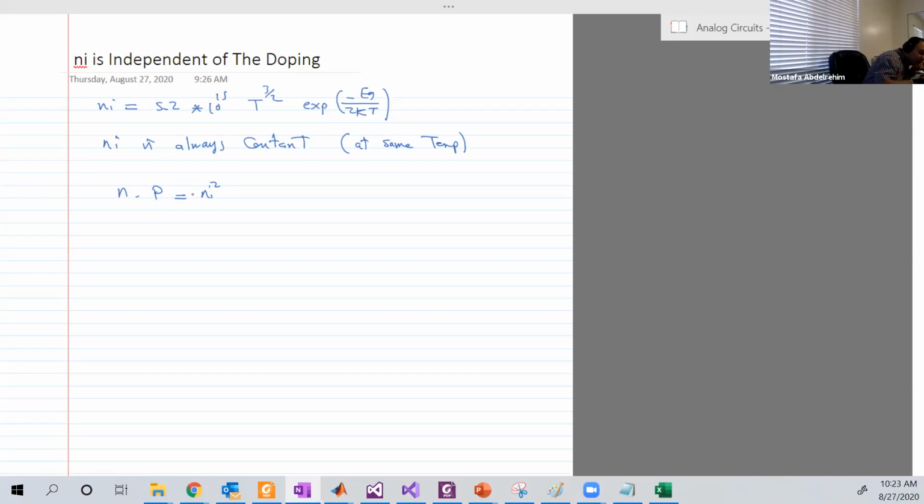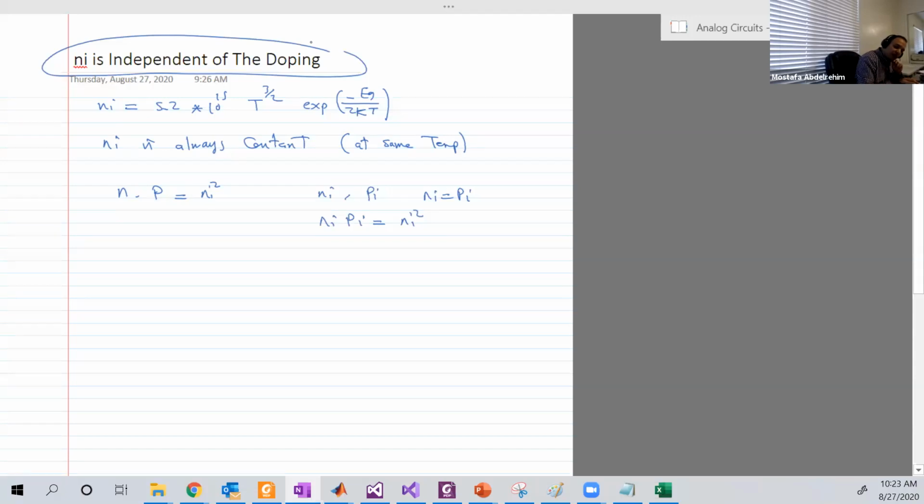We have Ni and we have Pi, and Ni equals Pi. So Ni multiplied by Pi is equal to Ni squared. Okay, so it's very intuitive. But with this new fact that Ni is independent of doping, that means that in general N multiplied by P is equal to Ni squared, which is constant.